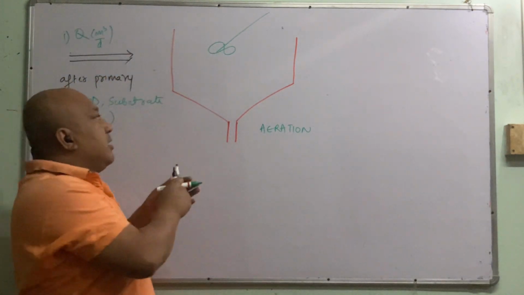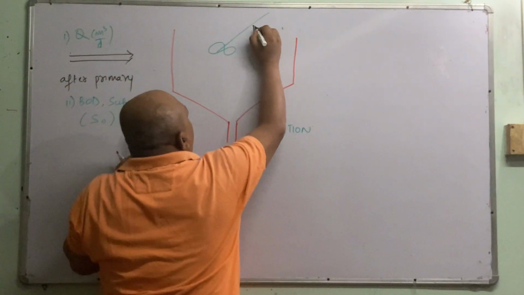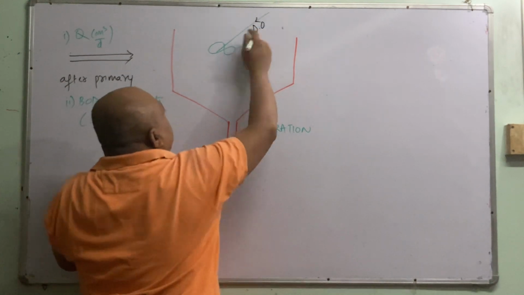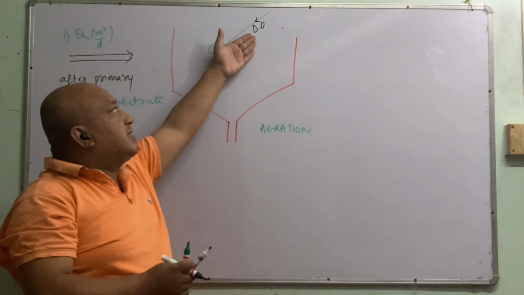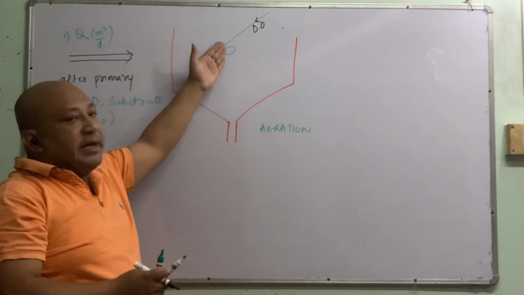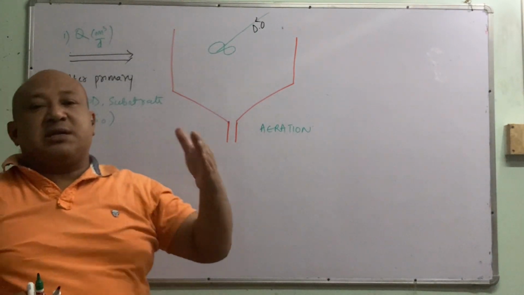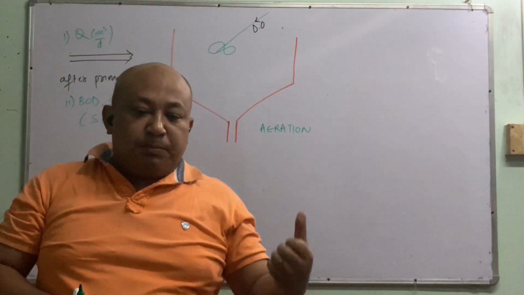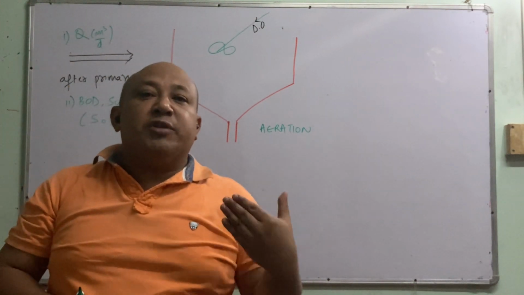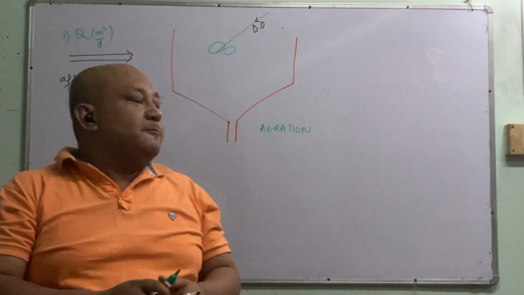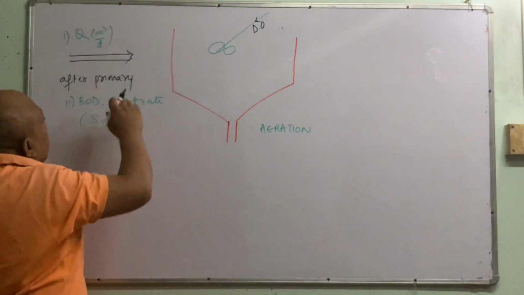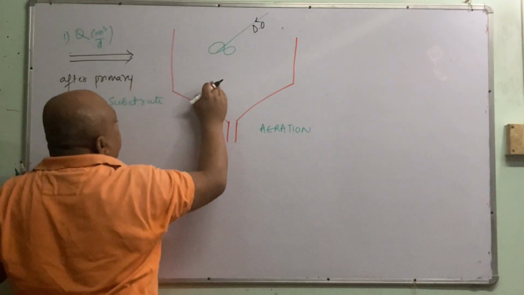The dissolved oxygen will be coming over here, by aerating it. So over here, the dissolved oxygen is there and the BOD coming is there. So aerobic microbes can start eating up the BOD and hence reduce the BOD, thereby producing more and more sludge.